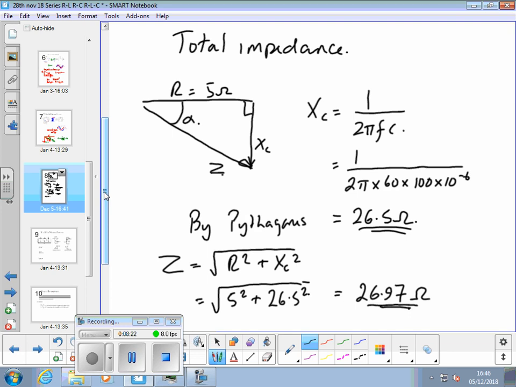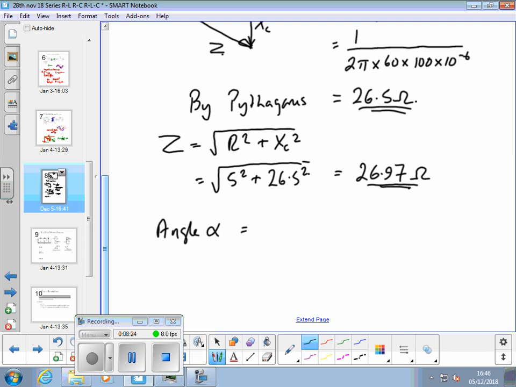So the tangent to the minus 1 of the opposite side, 26.97 over 5, gives 79.5 degrees. And that's negative because we're below the line.